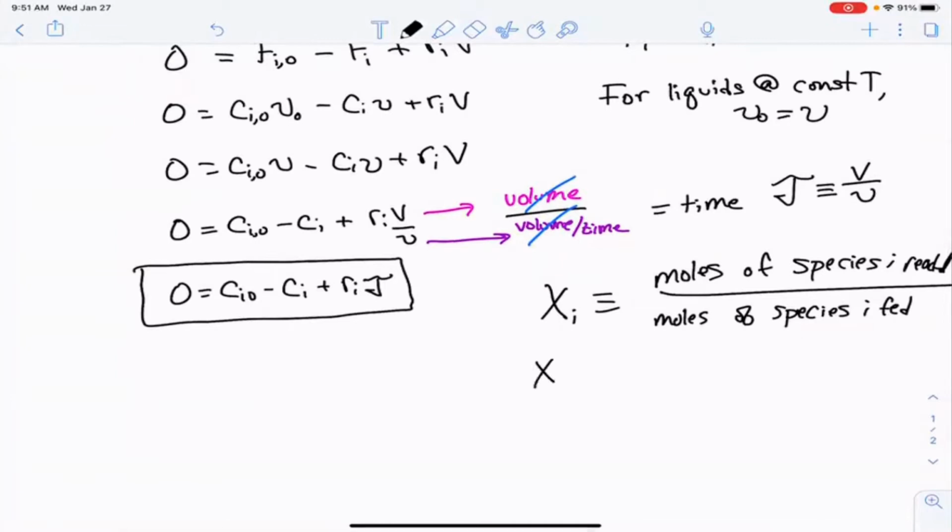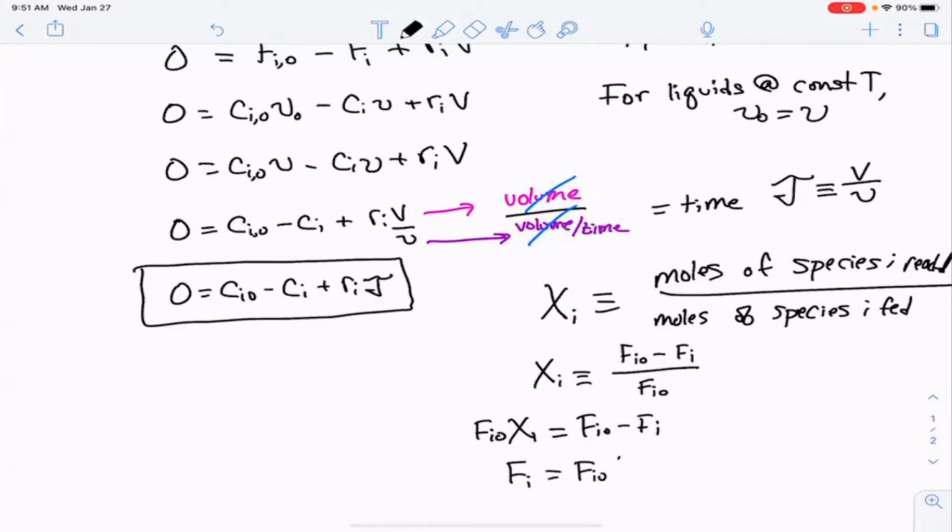And so for a flow reactor, the conversion is actually F_i0 minus F_i over F_i0. Okay, and if we multiply both sides by F_i0, we get F_i0 times the conversion equals F_i0 minus F_i, and we can just rearrange that to find that the molar flow rate at any time is equal to the initial molar flow rate times 1 minus the conversion.